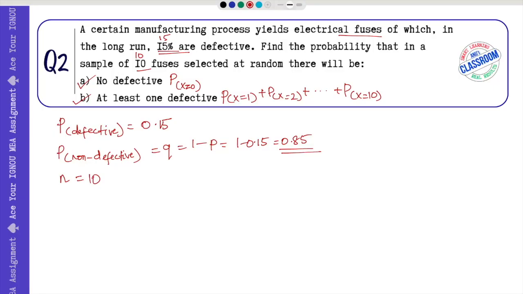That is all defective. Or an easier way, I can do 1 minus probability of x equal to 0. That is 1 minus nothing defective. That will also give me the at least one defective probability. Correct? So this is basically what the question is asking us to do.